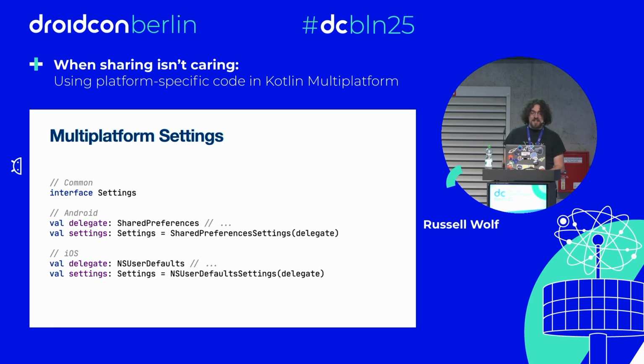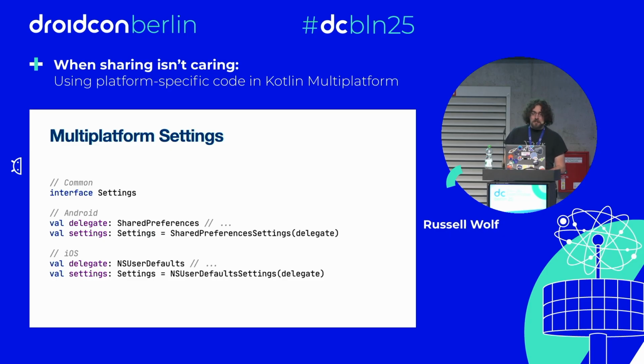You have a user defaults settings that delegates to user defaults. And this is nice and flexible in that you give your users the ability to switch out different implementations if they want to. There's also a map-based settings that you can use in your unit tests. There might be other implementations, like multiple implementations on some platforms.